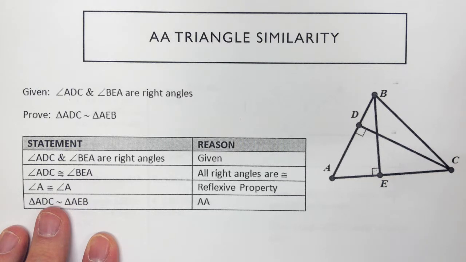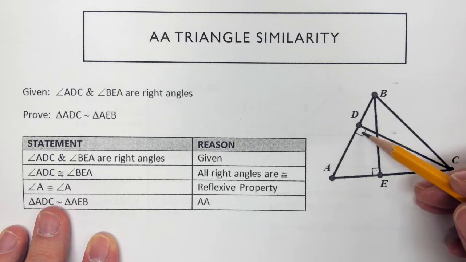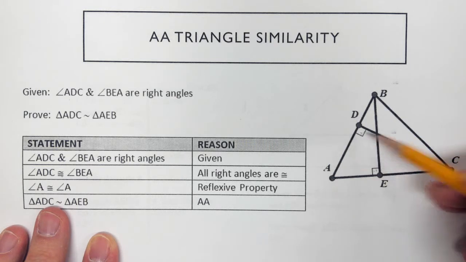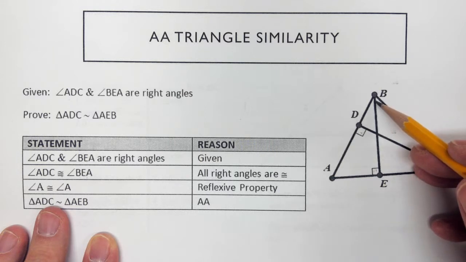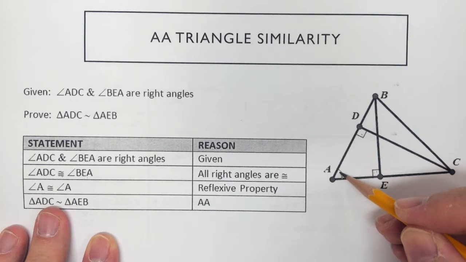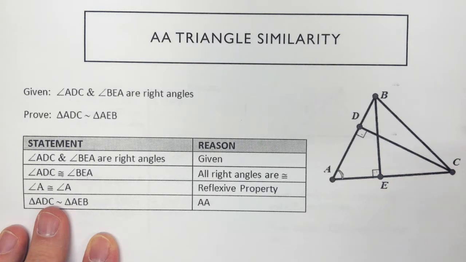Now, because I'm trying to prove that triangle ADC and triangle AEB are similar to one another, I'm looking for another angle besides these two that they share. Well, they both have this angle A in them right here. One of the things that I can say is that angle A is congruent to itself by the reflexive property.